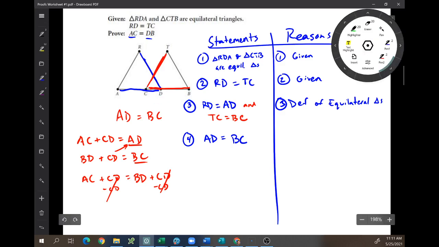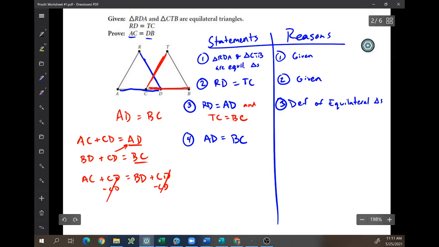Why? Because of the transitive property. If you're confused on the transitive property, it's whenever you have a repeat. See how I have RD and RD repeated? So I can say AD equals TC. But I also have TC and TC repeated. So I'm plugging in AD where I see the RD and BC where I see the TC.